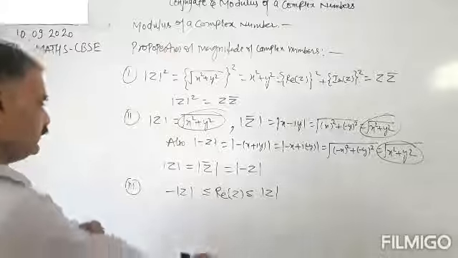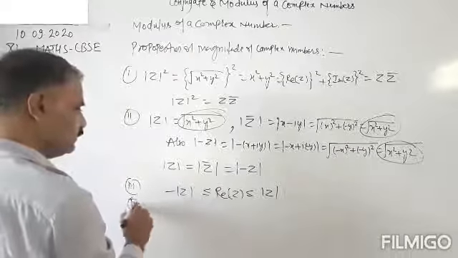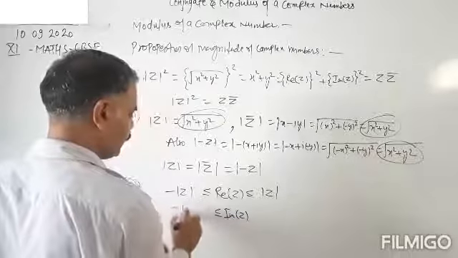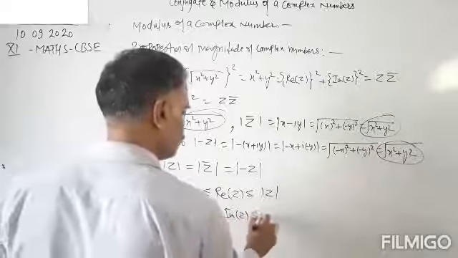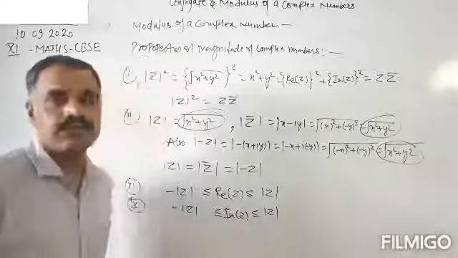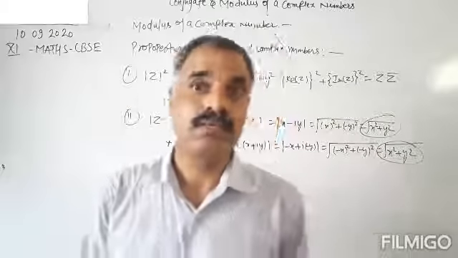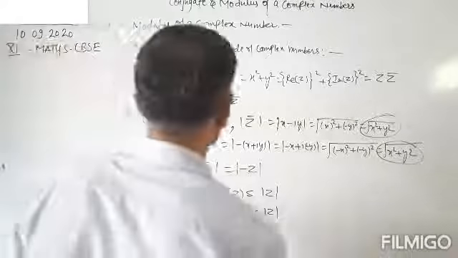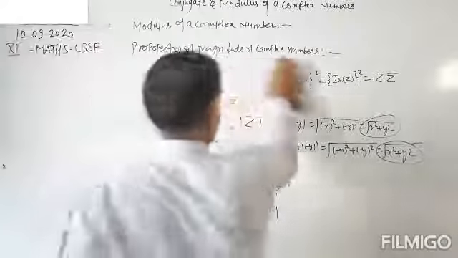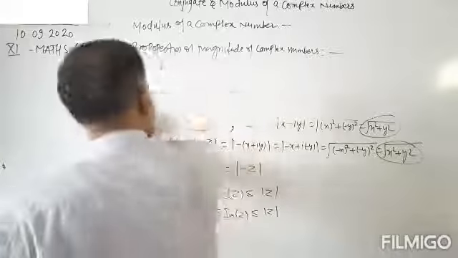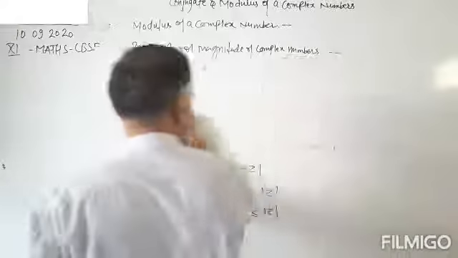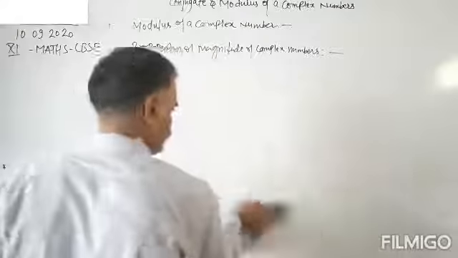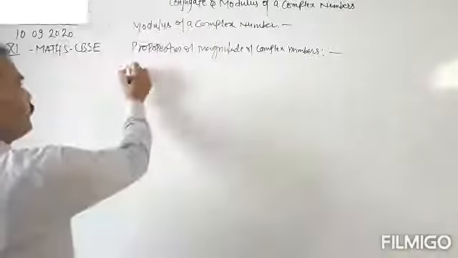Similarly, the imaginary part of z is greater than or equal to minus magnitude z and less than or equal to magnitude of z. This is the fourth property. Now we will discuss the next property, the fifth property.